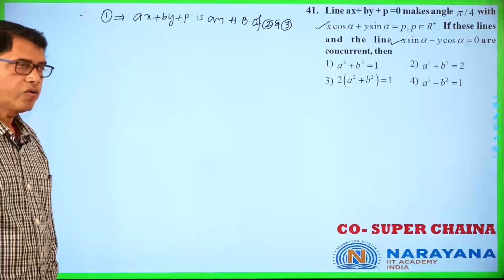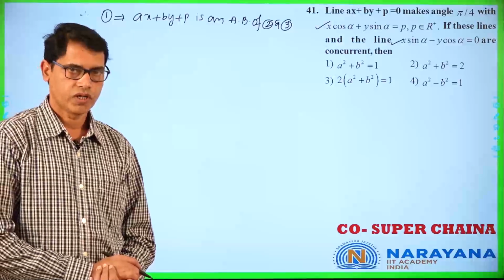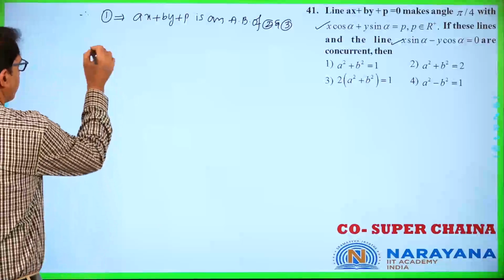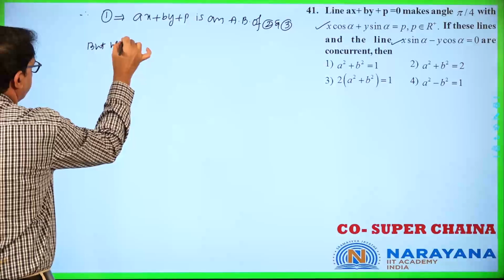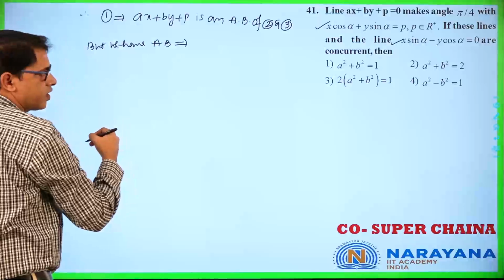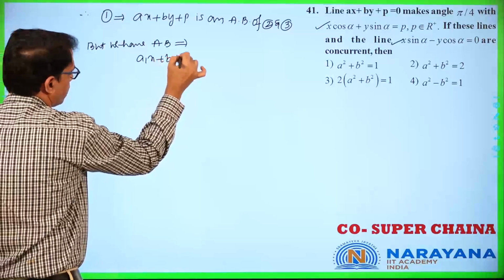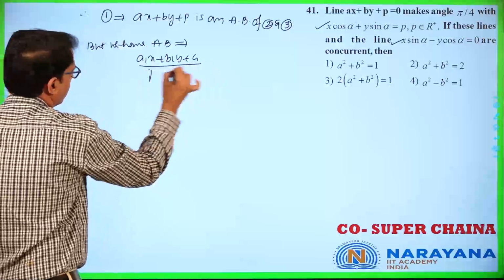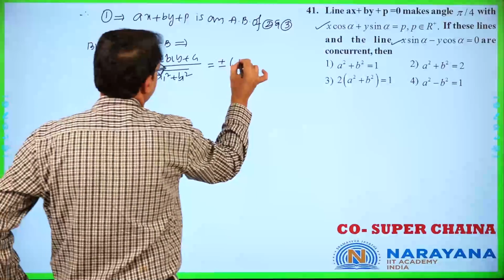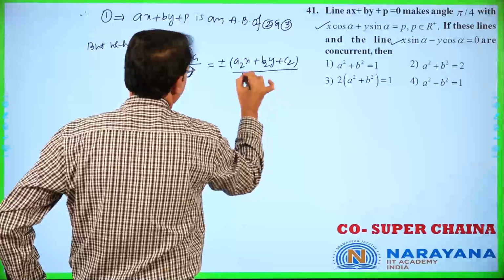Okay. Now we can find the angular bisector by using the formula. So what is the formula for the angular bisector? Angular bisector implies a1x plus b1y plus c1 upon root of a1 square plus b1 square equals plus minus a2x plus b2y plus c2 upon root of a2 square plus b2 square.